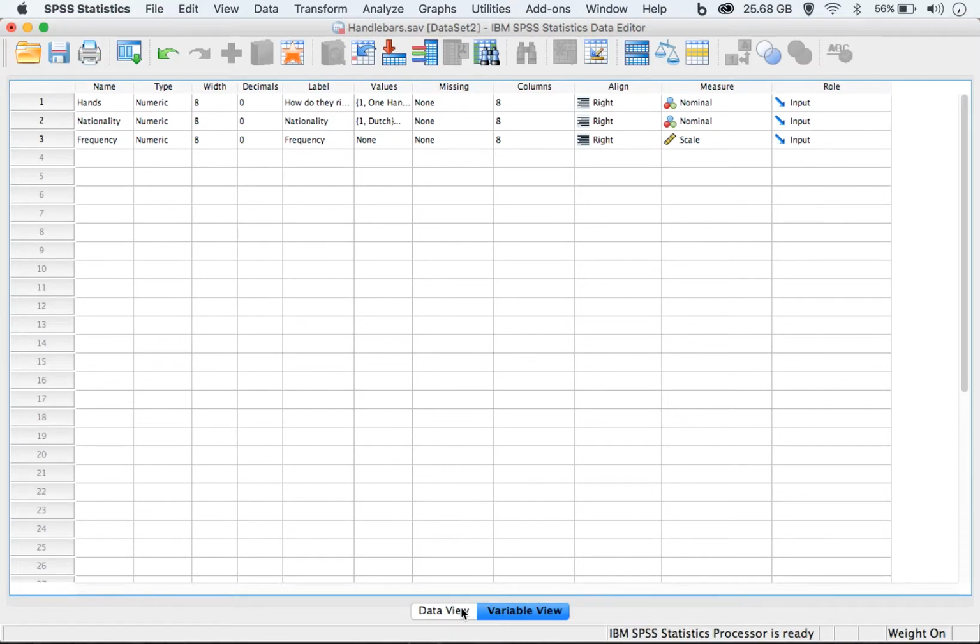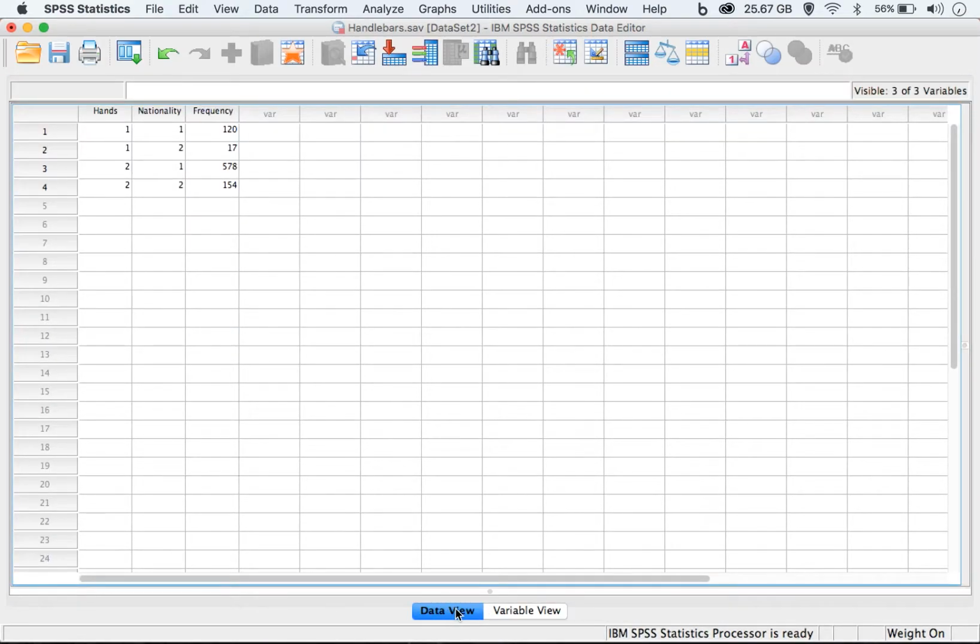So I'm in the handlebars file. This is our data. You'll see how much more condensed it is, because see here how many people they collected data from. It just prevents having a lot of cases. But like I said, if you're doing your data in Qualtrics, you're not going to get it this way when it exports. So I tend never to use weighted cases.